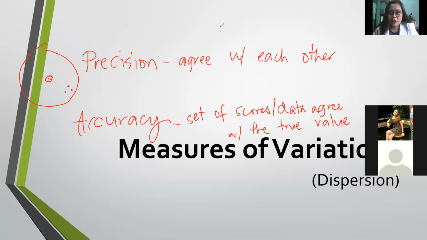This is very important especially in research, because when our measures of variation are high, sometimes the thesis or experiment has to be repeated, since there is something wrong with your data if they don't agree with each other or the measures of variation are very high.